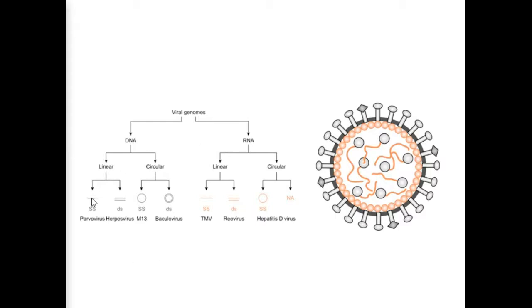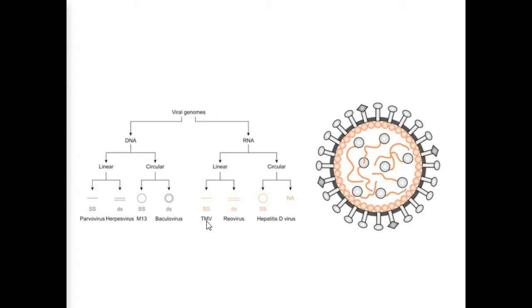For the linear, you have single-strand linear DNA and double-stranded linear DNA. Single-strand, that's parvovirus, and double-strand linear DNA, that's herpes virus. M13 is a single-strand circular DNA, and baculovirus is a double-strand circular DNA.